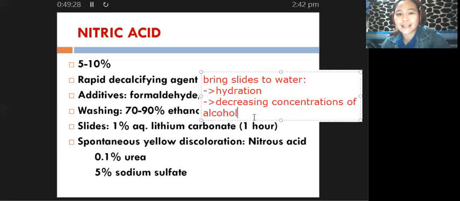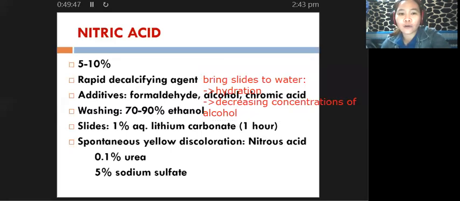After bringing slides to water, you have to immerse your slides in 1% aqueous lithium carbonate for 1 hour. So this is the significance of why you are bringing your slides to water. Because of that term, aqueous.